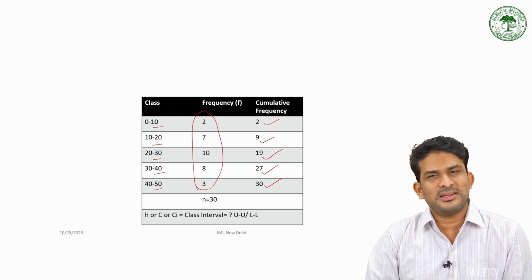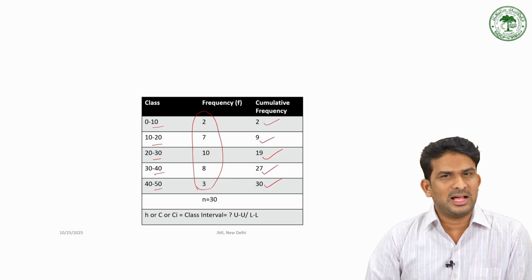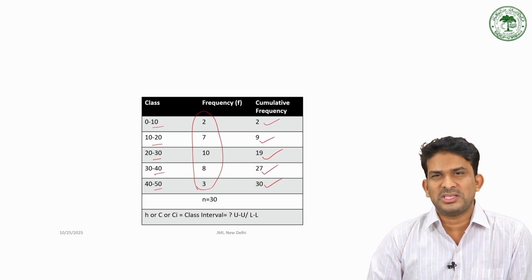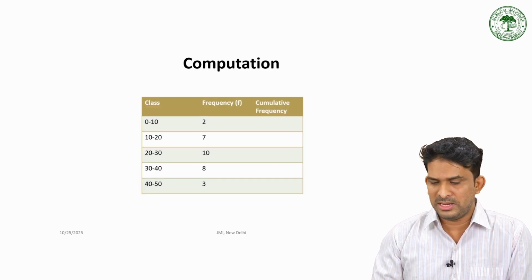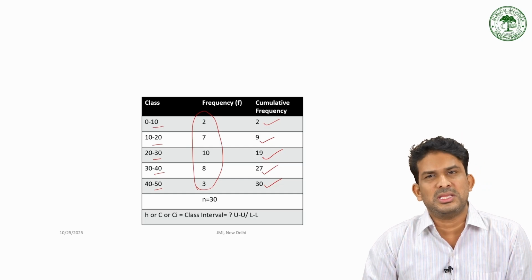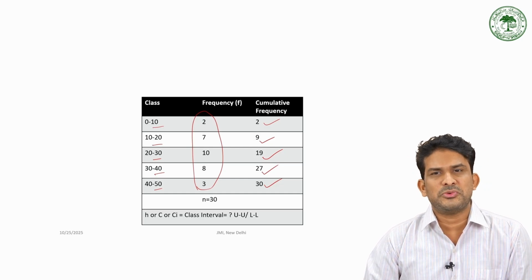Data is given, classes are given, cumulative frequency we have written. Based on the previous slide, we mentioned the cumulative frequency as 2, 9, 19, 27, 30.